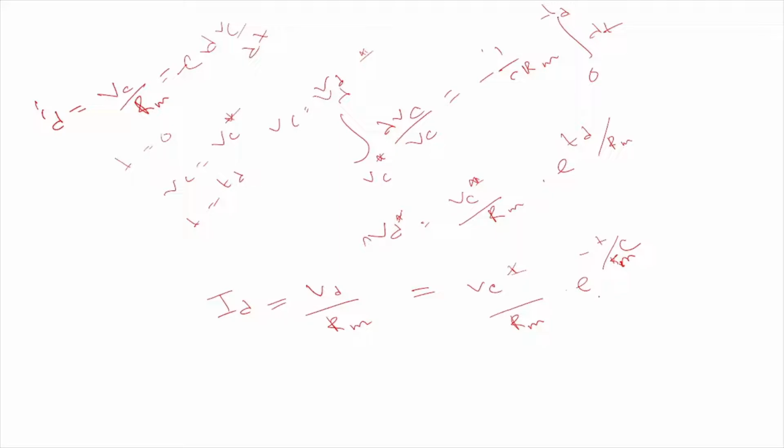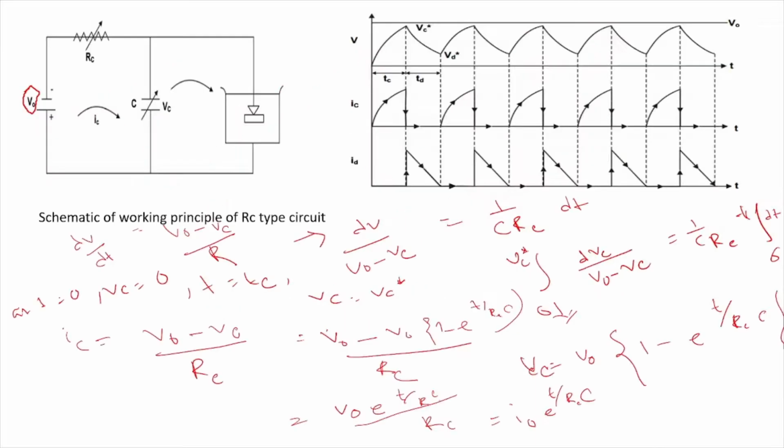And why are we finding the discharging and charging current? Actually, we have to find out the T on or T off time. What we have seen in the notations, okay? Pulse on time and pulse off time. So from this figure itself, the right side figure, it can be denoted.